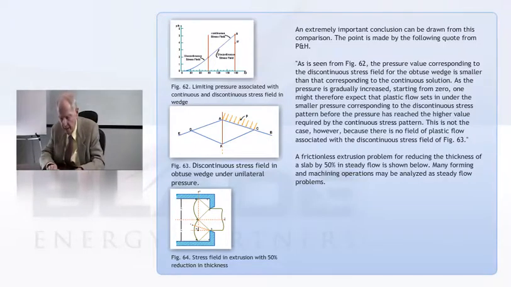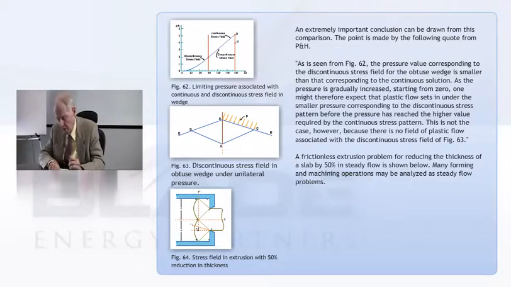And then we're looking at the pressure that it takes to induce flow divided by the yield point in shear. Now, the two solutions, the one I just mentioned and the earlier solution, agree when 2 beta is less than 90. And they disagree when 2 beta is greater than 90.